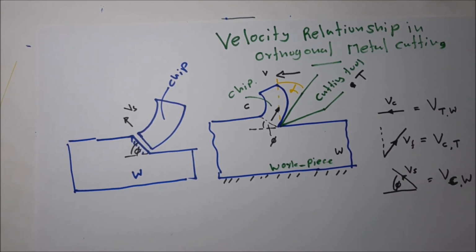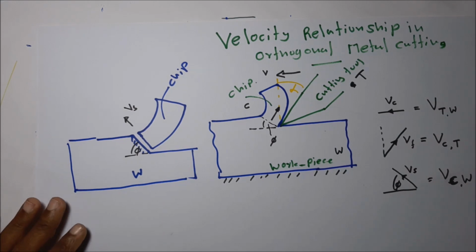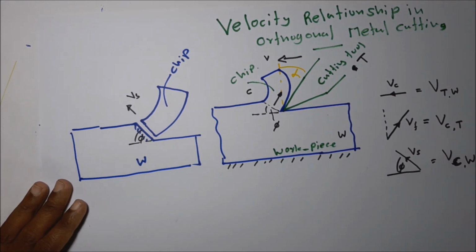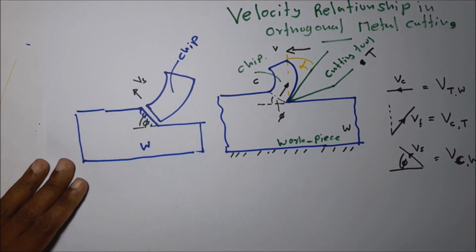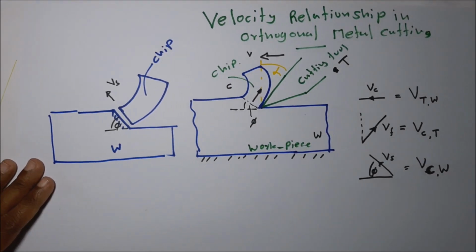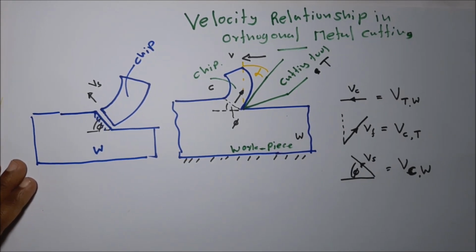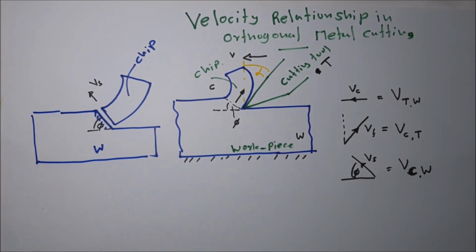Then in your A level, you know this relative velocity we can add by drawing the relative velocity triangle. So I am going to add these relative velocities using the velocity triangle.